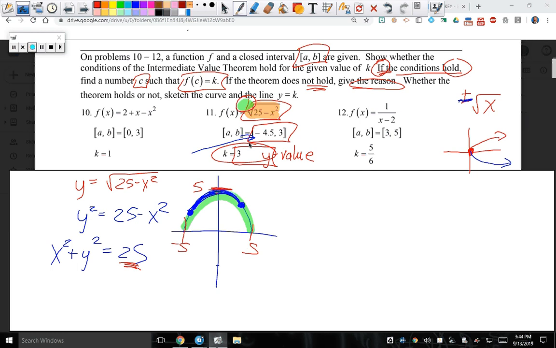So at -4.5, I can plug this into my function, which I need to, because let's do the intermediate value theorem. First of all, this piece that I'm going to highlight in, let's say, orange, this is what I'm really looking at because of where it's going to be drawn.